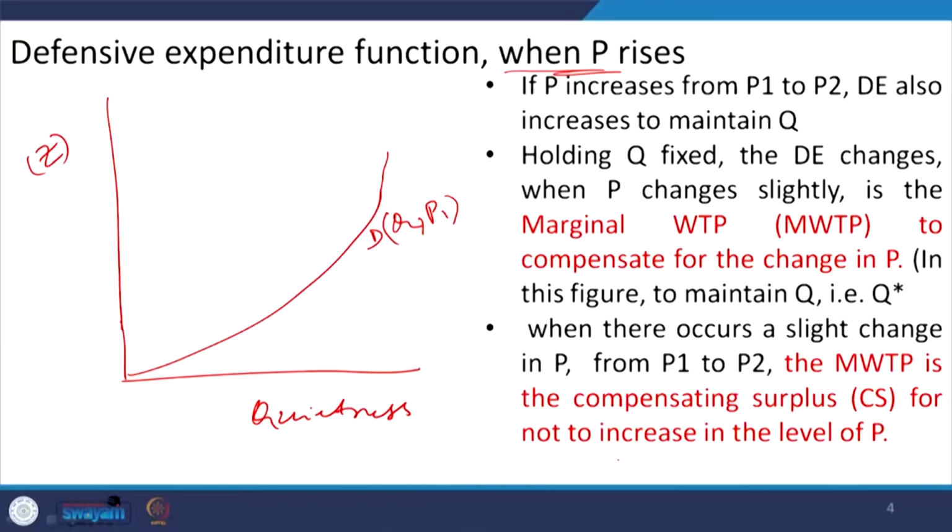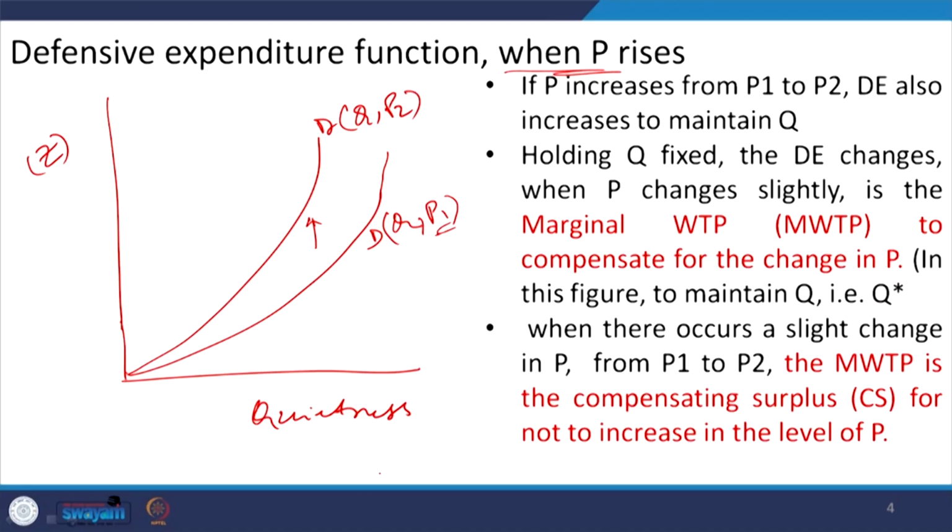So, when pollution changes, this defensive expenditure will definitely move upward. Let us say the defensive expenditure now is explained in terms of D of Q, P2.